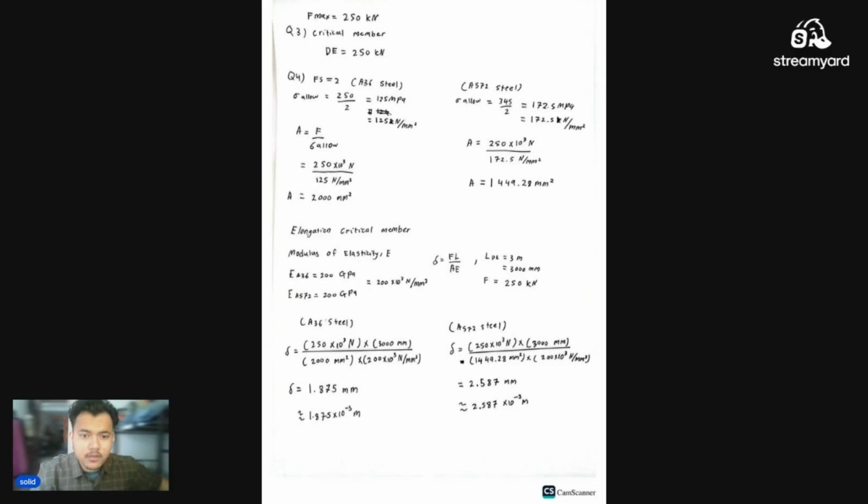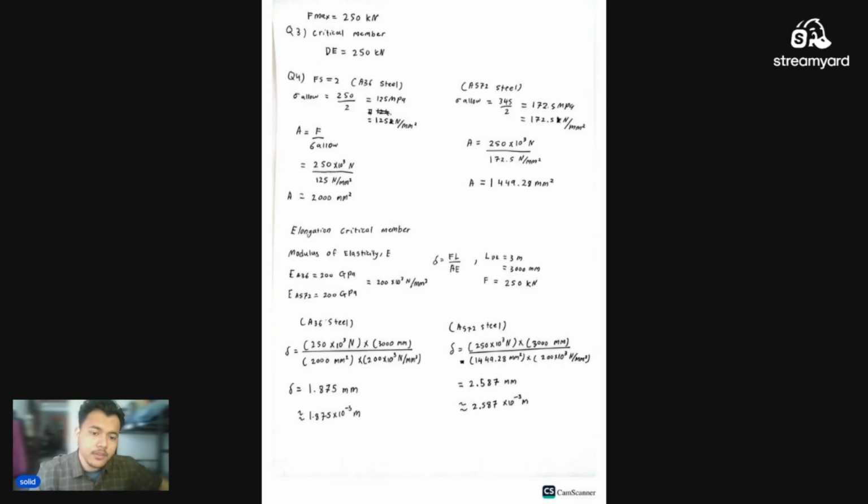So we get the modulus of elasticity, E, equal to 200 GPa for both steels, and then the elongation is equal to FL over AE. The length of DE is 3 meter, which is 3000 millimeter, and F is 250 kilonewton.